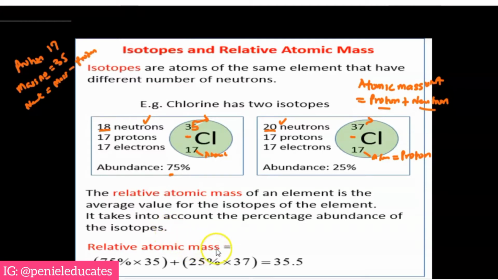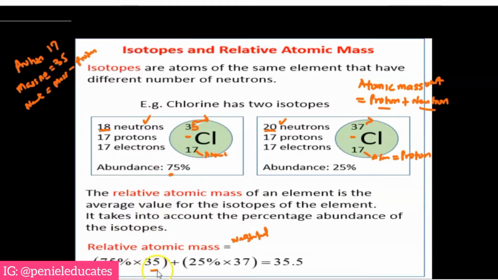Now, for you to calculate the relative atomic mass, which can also be called the weighted average or the atomic weight, you look at the abundance of each isotope. For this particular one, the isotope of mass 35 has an abundance of 75%.